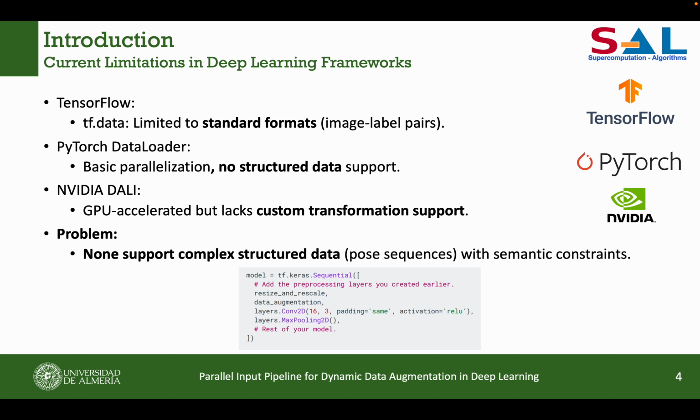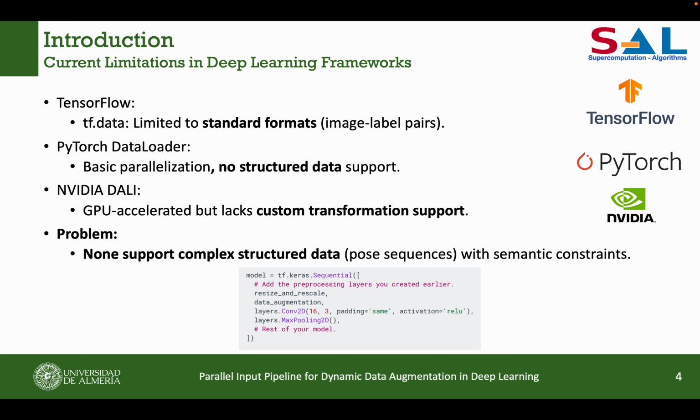Also, frameworks like TensorFlow, PyTorch, or NVIDIA DALI may have several limitations that may constrain the training of the model. For example, in TensorFlow, the functions defined in tf.data are limited to a standard format like image and label pairs, and these data are restricted to the functions that are defined by the framework.